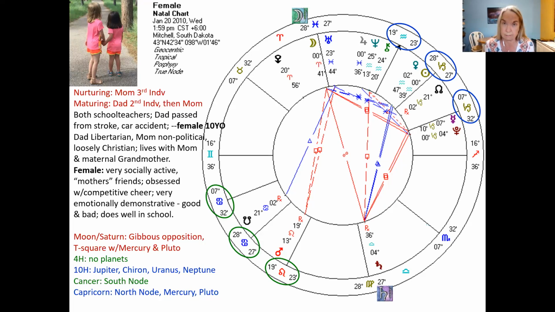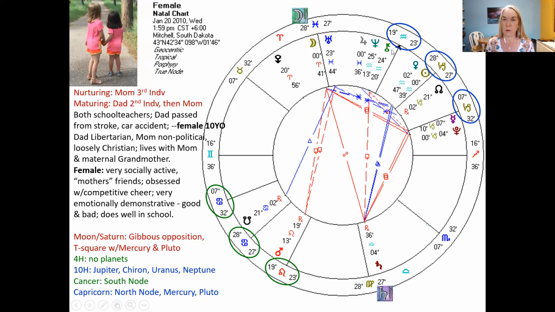She likes school. So I'm just going to point out, you can see right here on your screen, I went with the moon and Saturn. They're in a gibbous opposition to each other, along with the T-square to Mercury, new phase, Pluto, Capricorn, 7th house. We have no planets here in the 4th house.